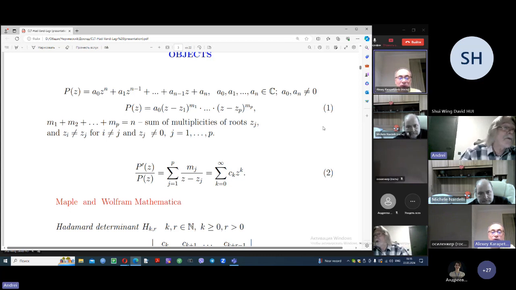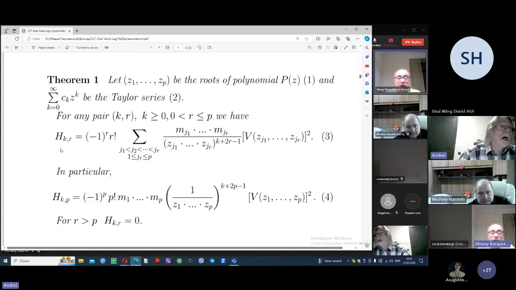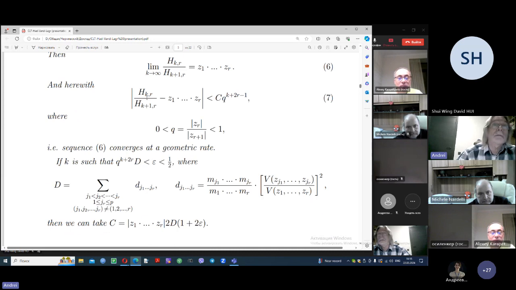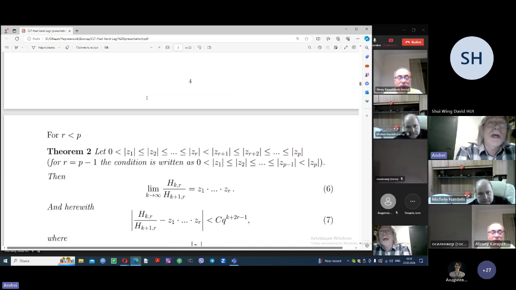One has to understand certain Hadamard determinants, you have certain estimates, so one can do something, but not me at the moment.